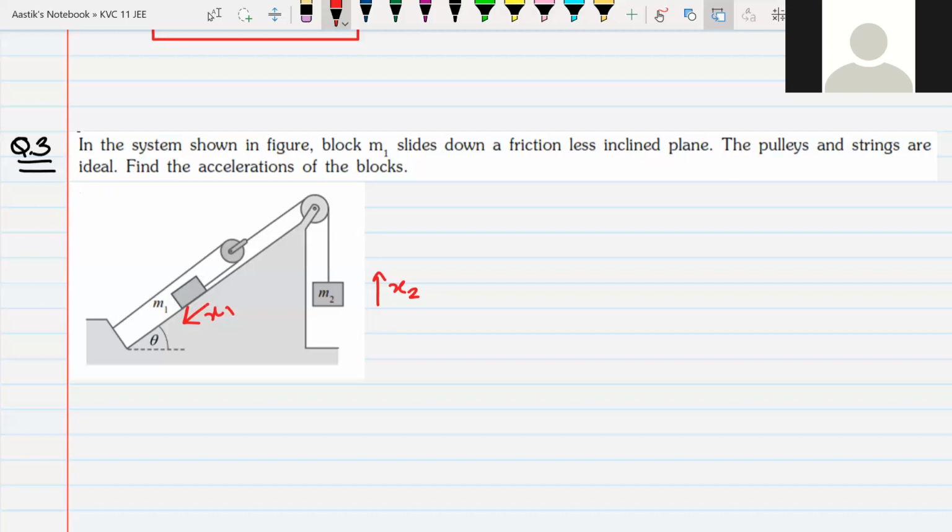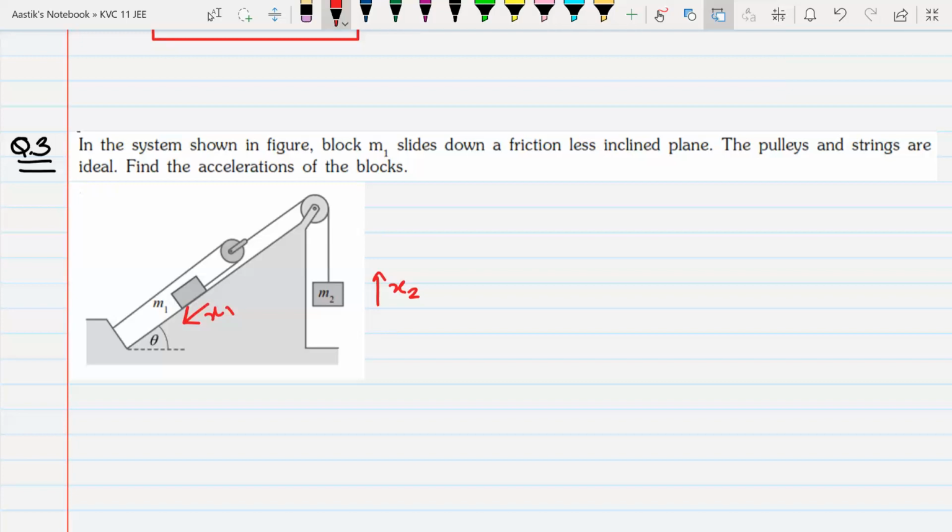Anyone got the constraint relation? No one got any answers? 2x2 is equal to x1, sir.